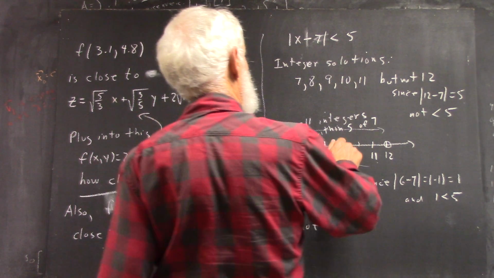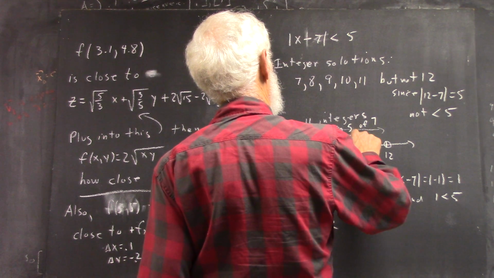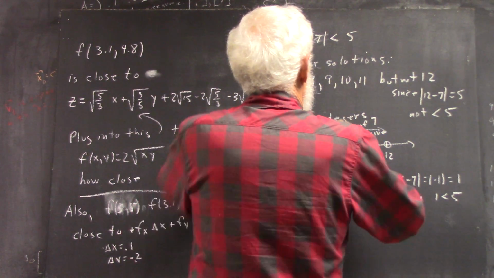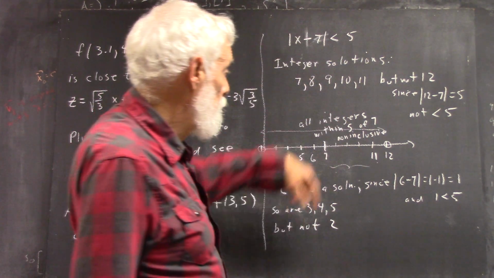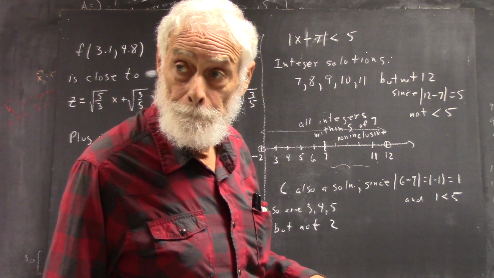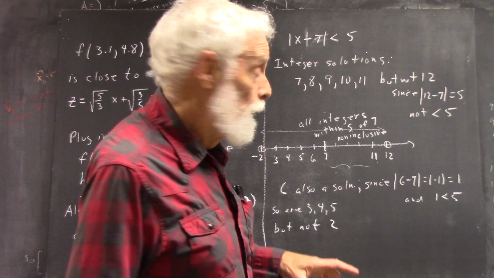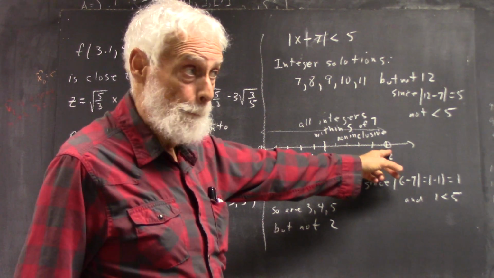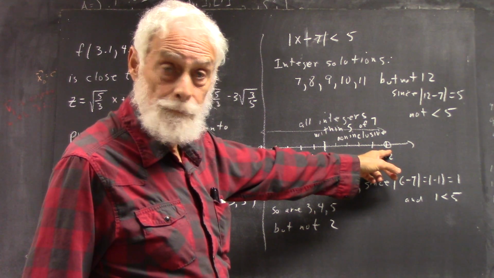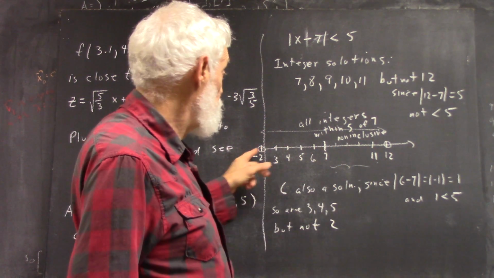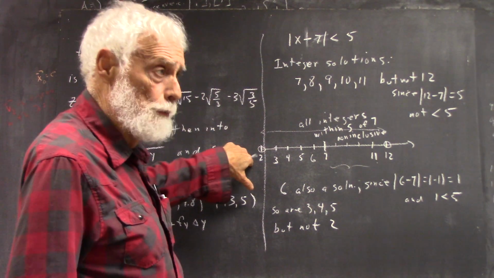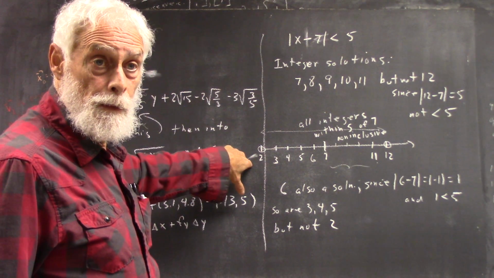And then I'll say non-inclusive, meaning that if they are 5 units from 7, we're not going to include them, right? And you notice we go 5 units from 7, we get 12, right? We go 5 units this way, we get 2, right? I don't know why I put a negative in that. Okay?